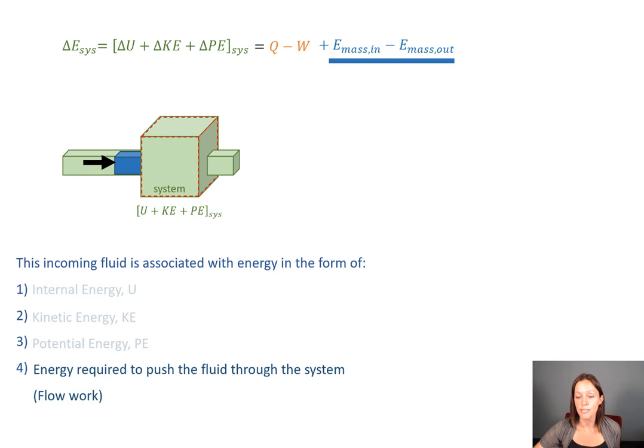And this energy is called flow work. Sometimes you hear it referred to as flow energy, but it's the same thing. I say flow work, so just be aware of that. So let's look at that chunk of mass. I've got a force being applied to it. In this case, it's pushing it into the system. And I could put that force in terms of pressure and the area that it's acting on.